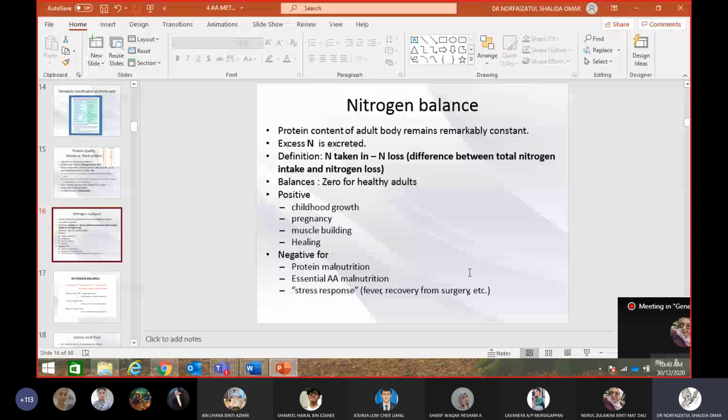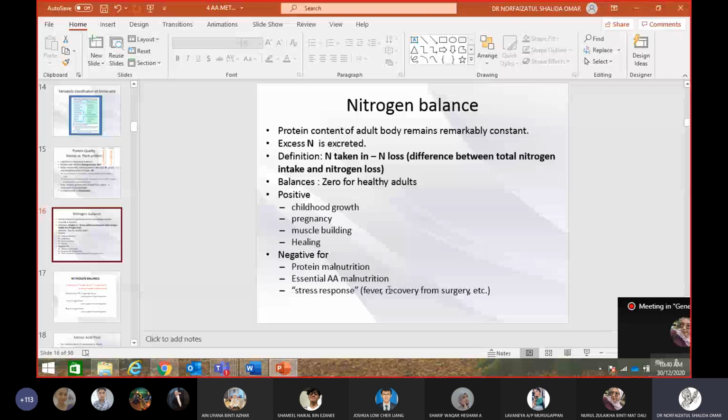Even in COVID, a person who has had COVID and is healing also has a negative nitrogen balance, because the recovery speed is reduced, and COVID also has a high impact on the organs, because it disrupts the other organs.